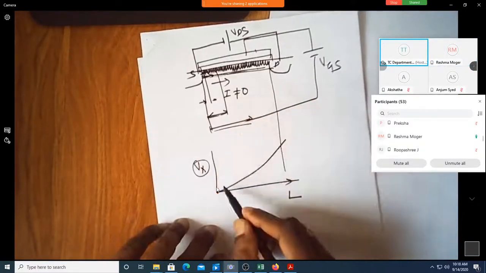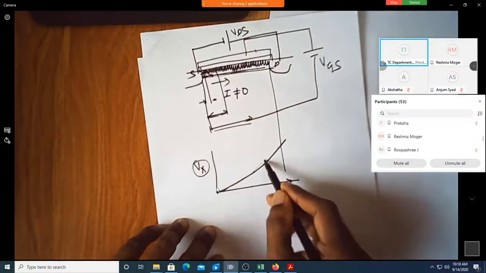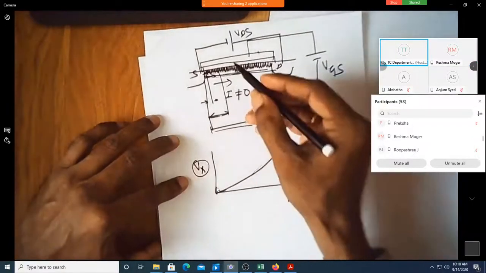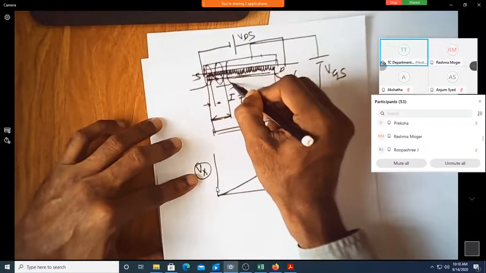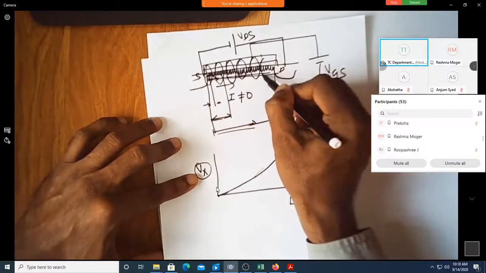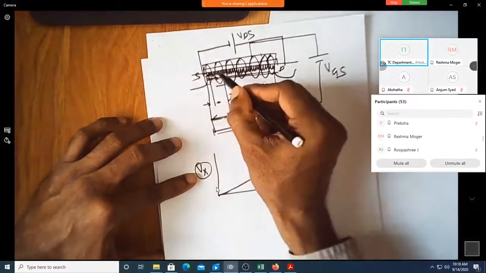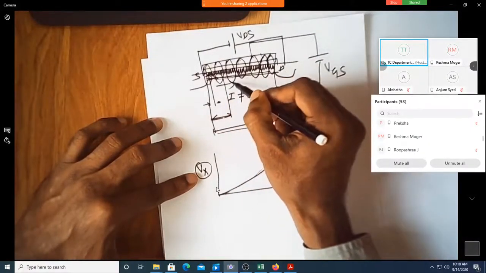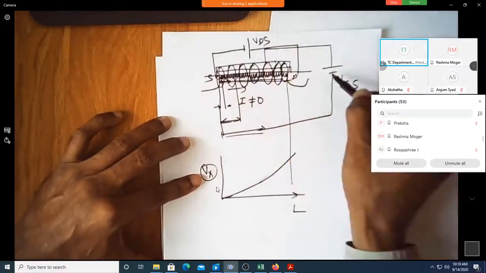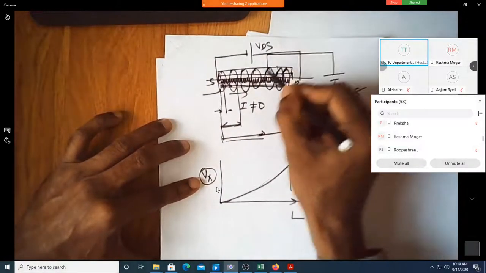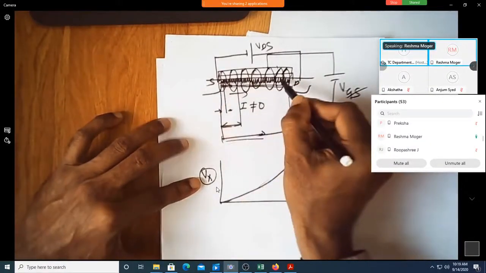When current starts flowing, this is how the voltage is increasing. So effectively, at each and every point of your channel, you have two voltage sources which are effectively making the electrons accumulate here. One voltage is due to this VGS, the other voltage is due to the drop across this entire resistor.